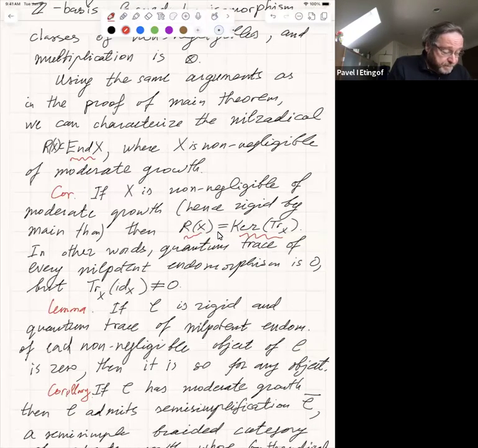But in this case, it turns out that you do, and so we have a lemma that if C is rigid and the quantum trace of nilpotent endomorphisms of each non-negligible object is zero, then this is true for all objects.